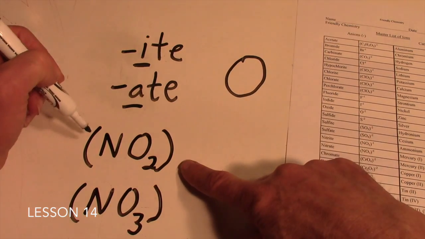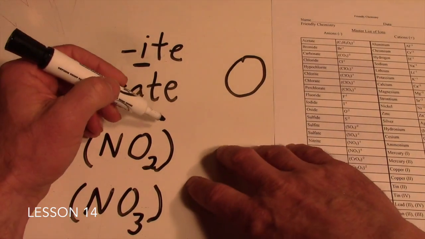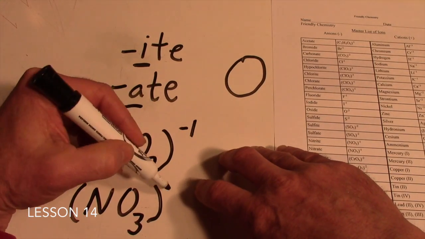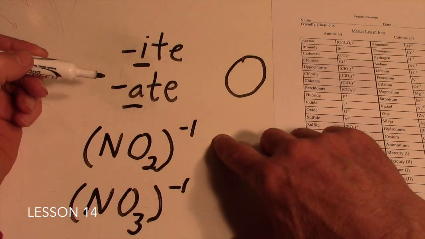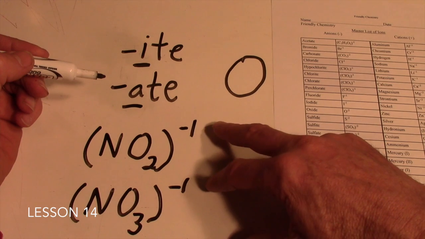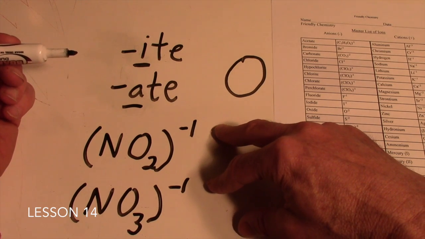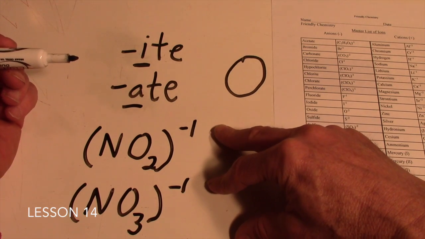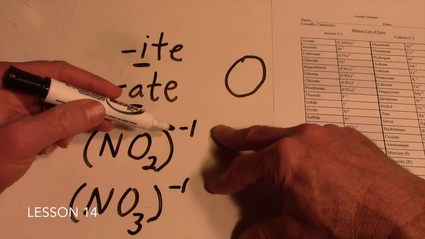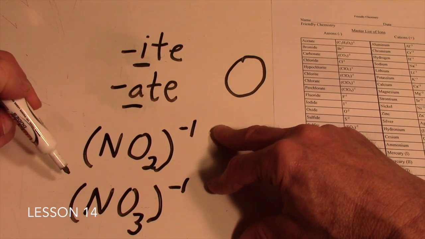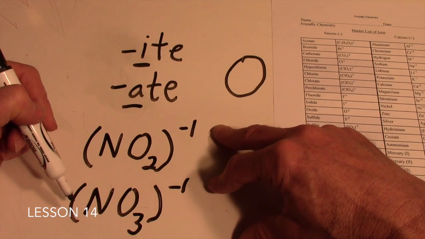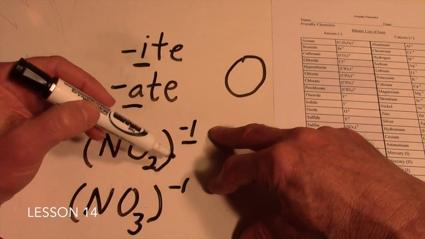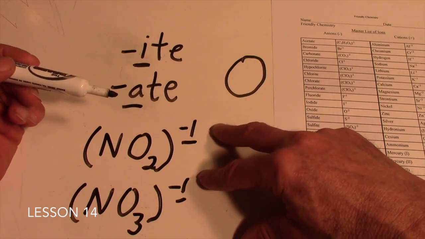Alrighty, so we've looked at nitrite and nitrate. Now, these both have a -1 charge. And being able to calculate readily what the charge is again is rather illogical. There are theories behind it which explain that, but for the extent and complexity of our friendly chemistry course, it's best just to have your students memorize these charges.